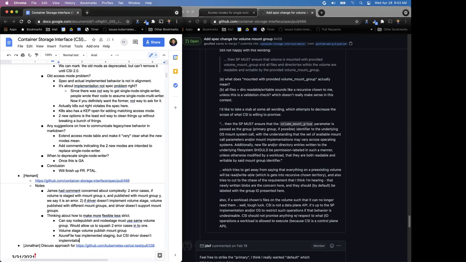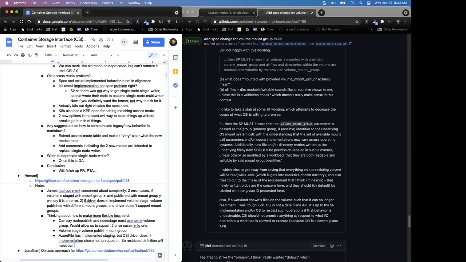So it will still meet our restricted definition of volume mount group, it will still meet the use case that we are trying to solve, and it will be much more restrictive than what we have.